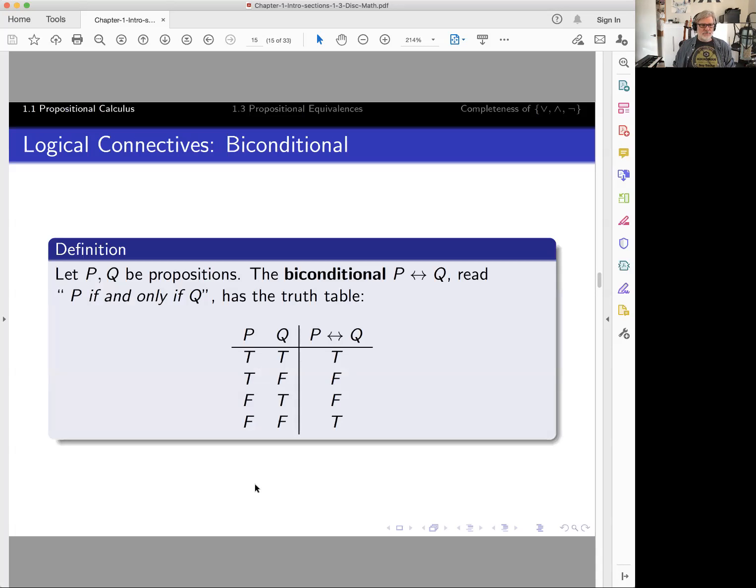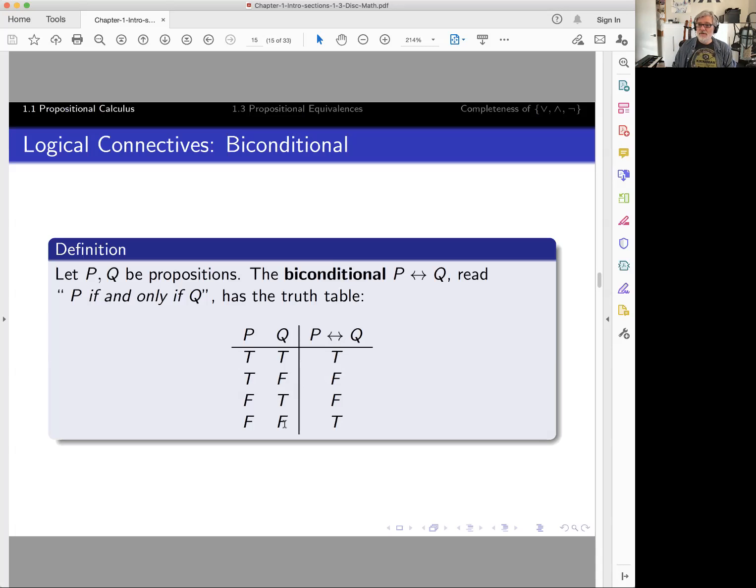Biconditional. That's our last one for 1.1. So the biconditional is actually easy. It is read if and only if, P if and only if Q. And if you look at the truth table just a few seconds, you will notice that this new proposition, the biconditional, is true when P and Q are true or P and Q are false.